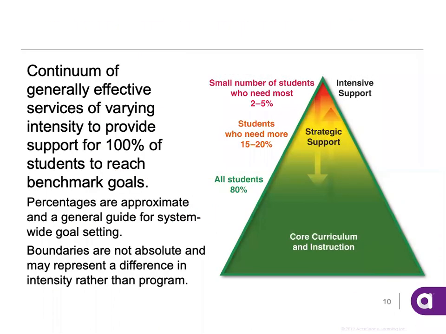So this is the reason to do universal screening, so that you identify students in each of these score categories at least 3 times a year, particularly in kindergarten through 3rd grade, when our opportunity is greatest to influence and change those outcomes.